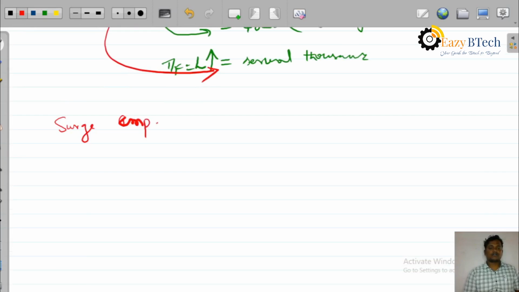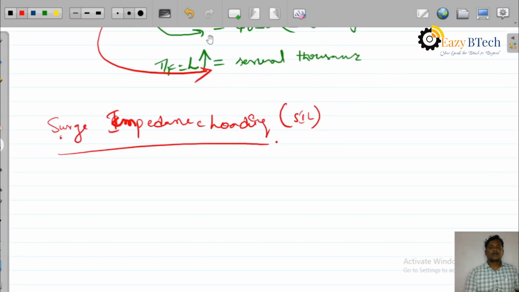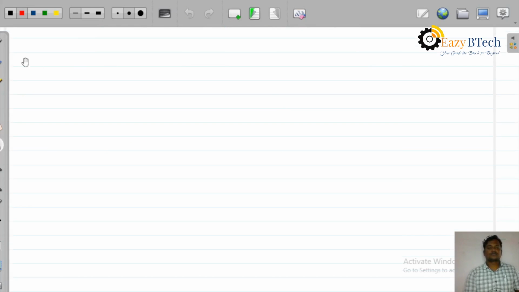Surge impedance loading. In short form, it is written as SIL. Here we will discuss the surge impedance loading.